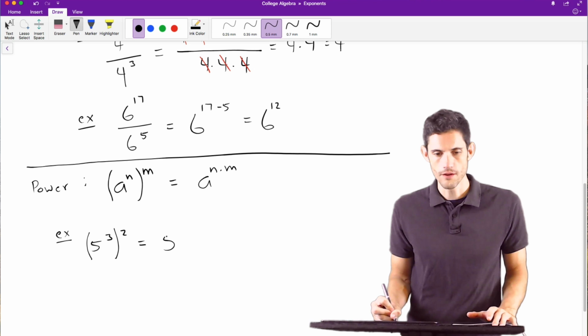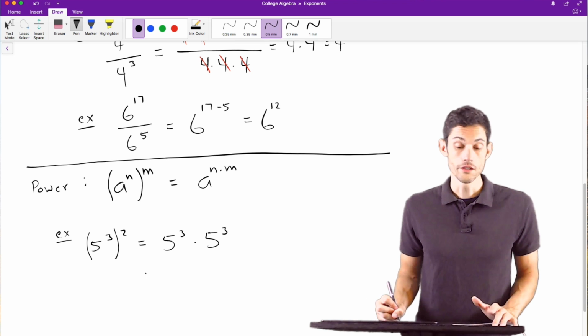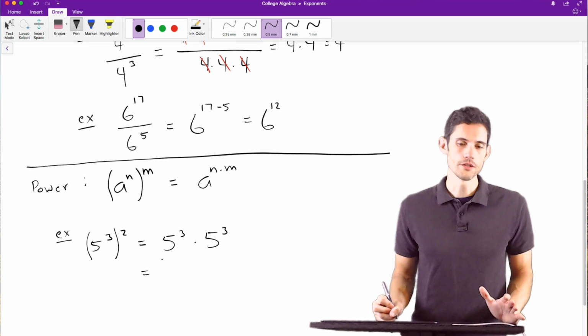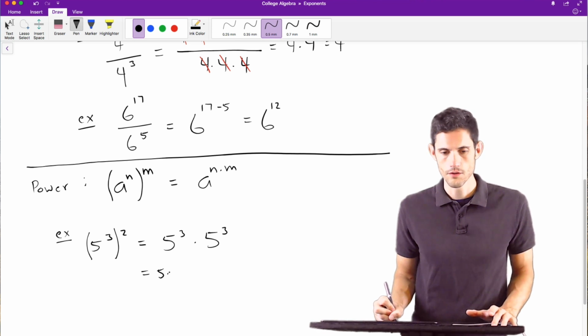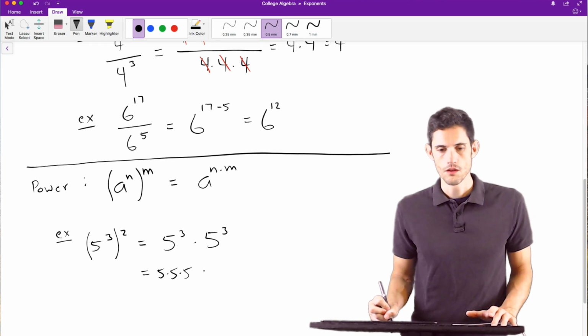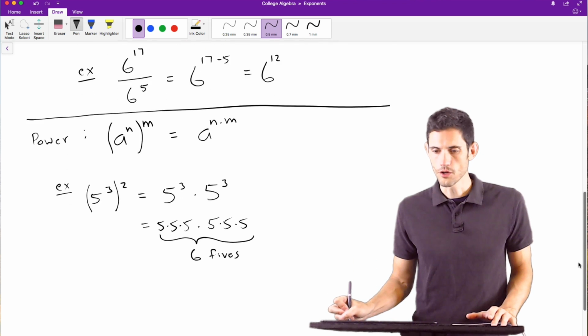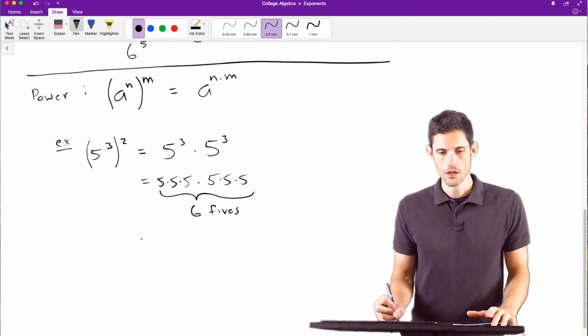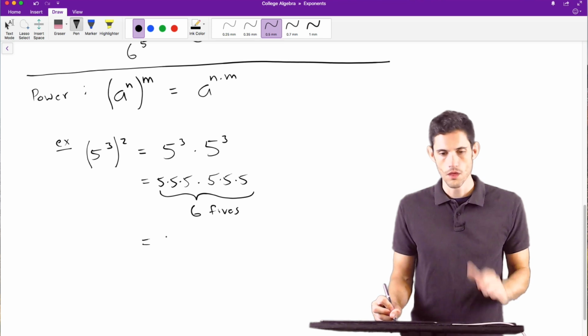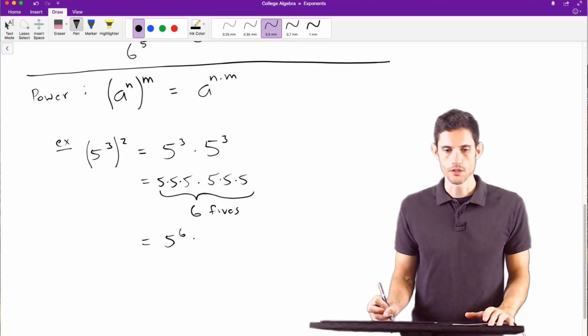So this is 5 cubed times 5 cubed. That's nothing new, and I know what 5 cubed is, 5 times 5 times 5, and the same. Then if you look at how many 5s you've got, you have 6 5s. And then the light bulb goes on, oh yeah, 6 is 3 times 2, so I can just multiply. This is 5 to the power 6.